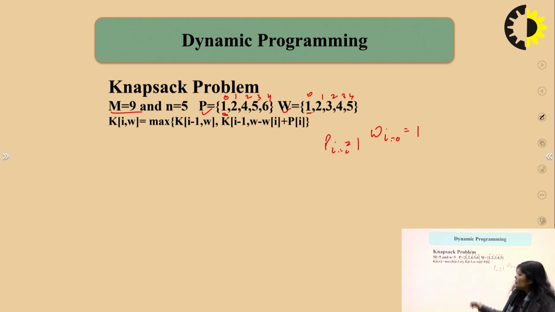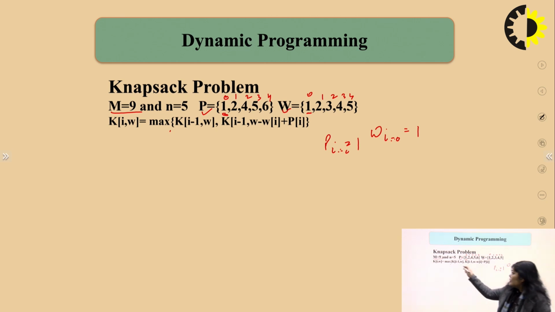Now the basic equation that is utilized in the dynamic programming approach to solve the knapsack instance is given like this. For finding the kth entry, K of i and W, I need to find the maximum between K of i minus 1, W and K of i minus 1, W minus Wi, plus Pi.